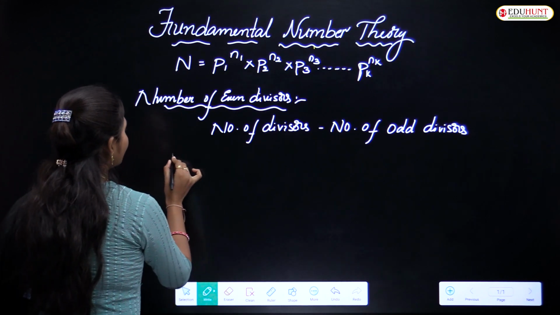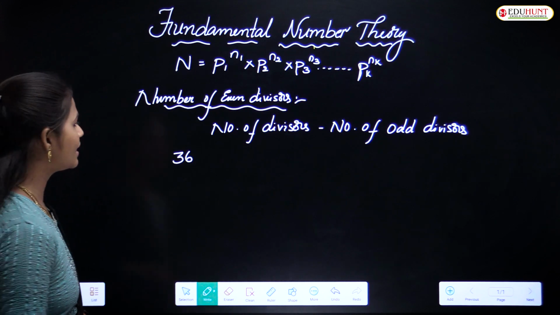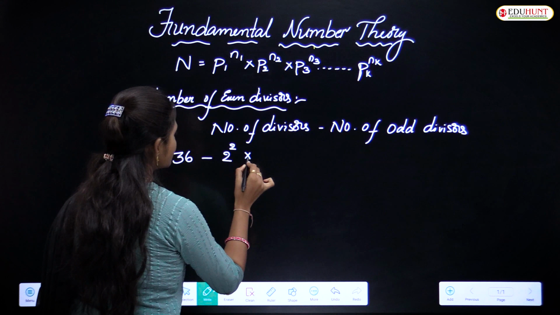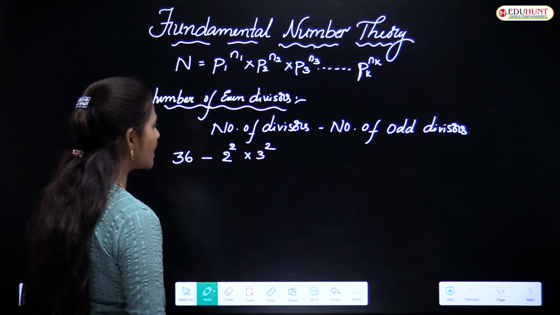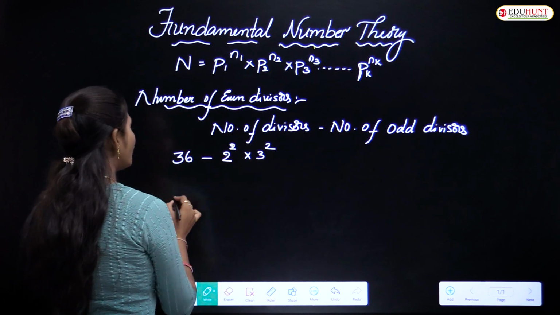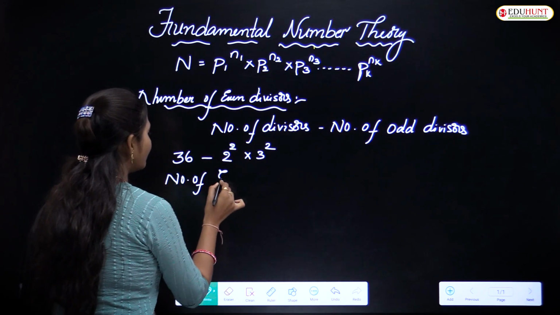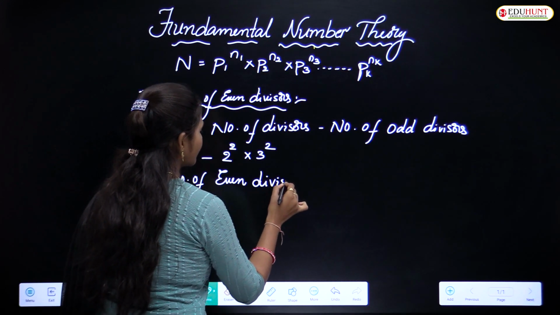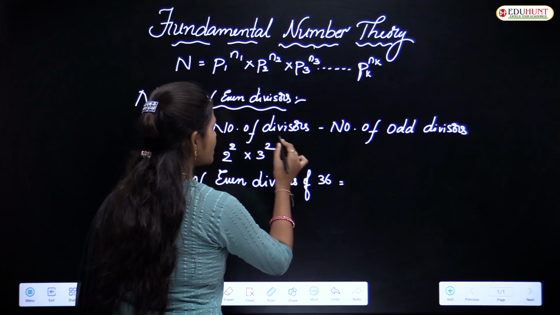Let us again take the example 36. What is the standard form of 36? That is 2 square into 3 square, because 9 4s are 36. So the number of even divisors of 36: what is the formula here?